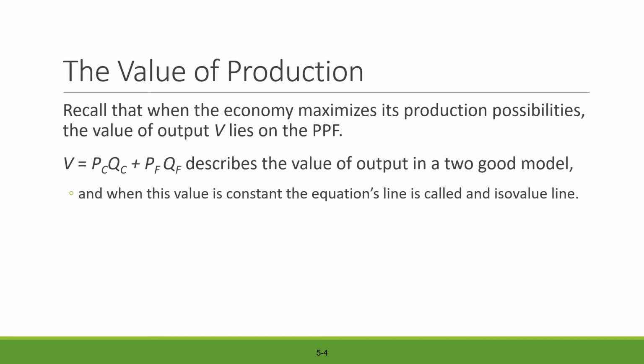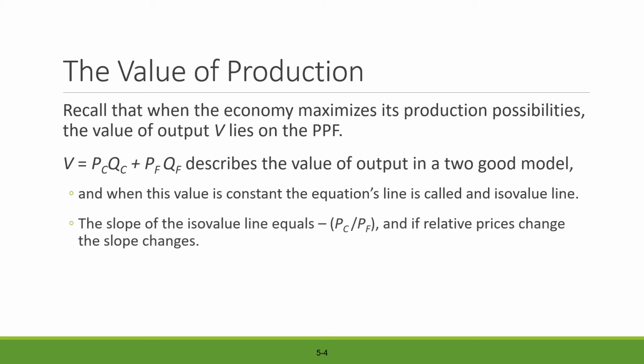So the value remains constant. Keep it in mind: if we want to keep the value constant, that is the iso value line, PC by PF will change the slope, whereas if we increase QC, we will decrease the quantity of food.